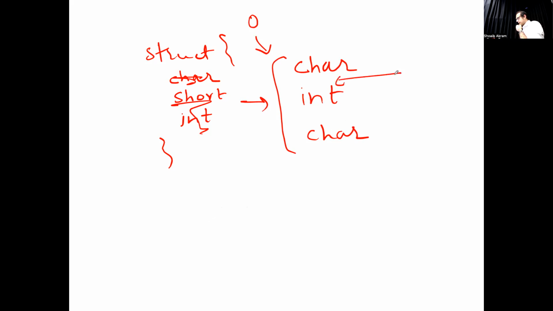So here, how much padding do I need? 3 bytes. And do I need padding here? No. And do I need padding here? So 3 plus 1, 4, plus 4, 8, plus 1, 9. I need how many bytes?